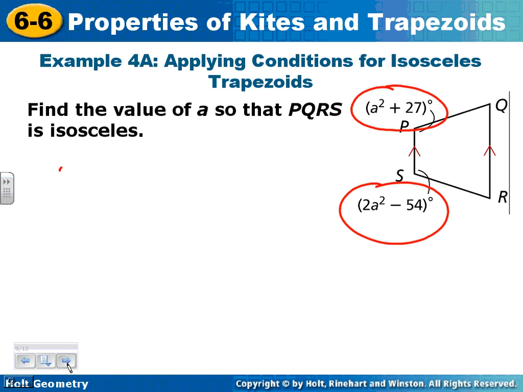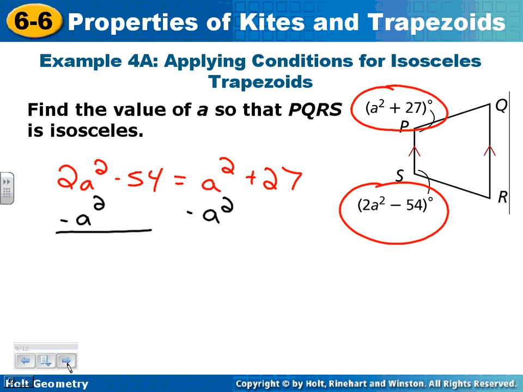So I'm going to write 2a squared minus 54 equals a squared plus 27. And I would subtract a squared from each side. That gives me 1a squared minus 54 is 27.